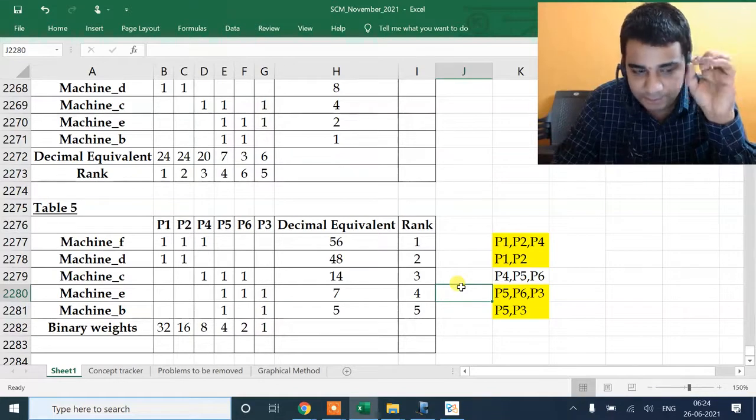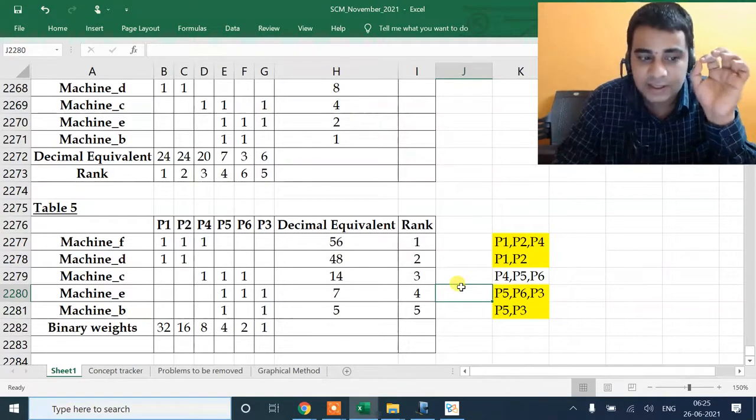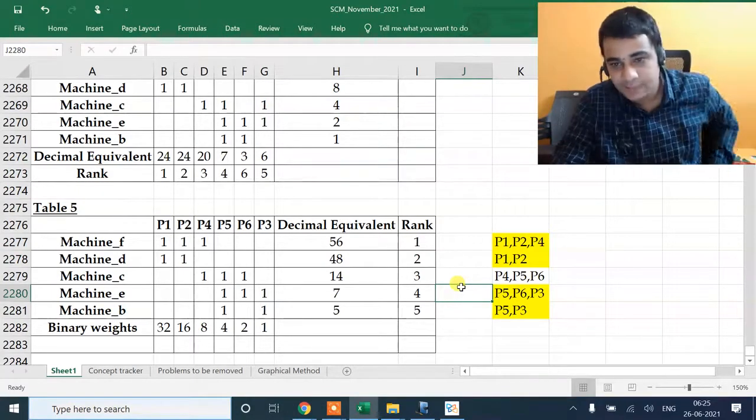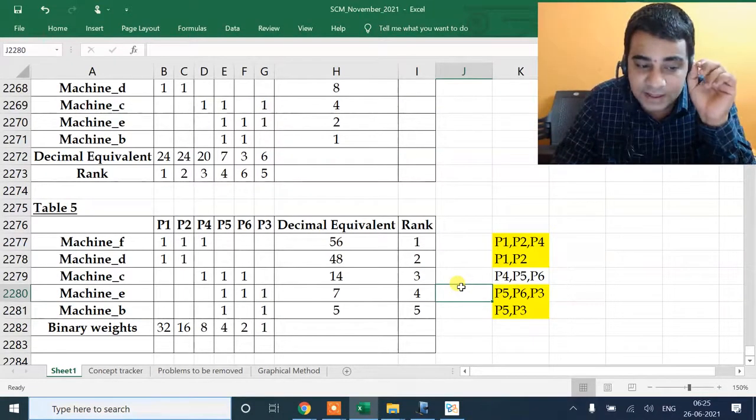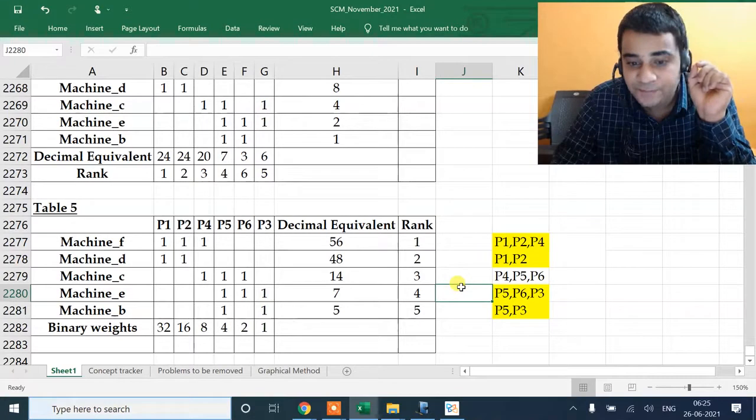That's one approach, because product P4 needs machine F as well as machine C. But the pitfall is machine C also processes P5, P6, which are being processed in E and B.